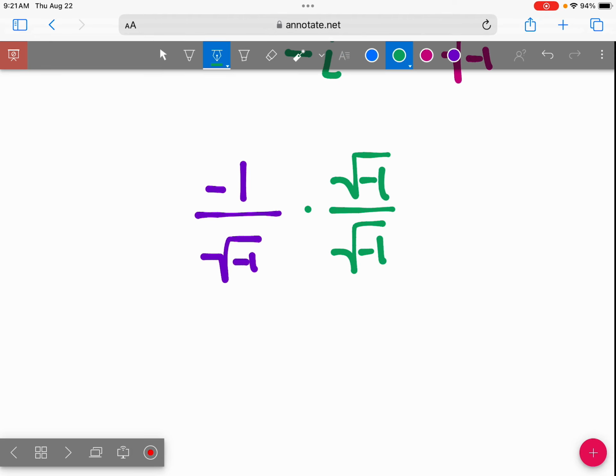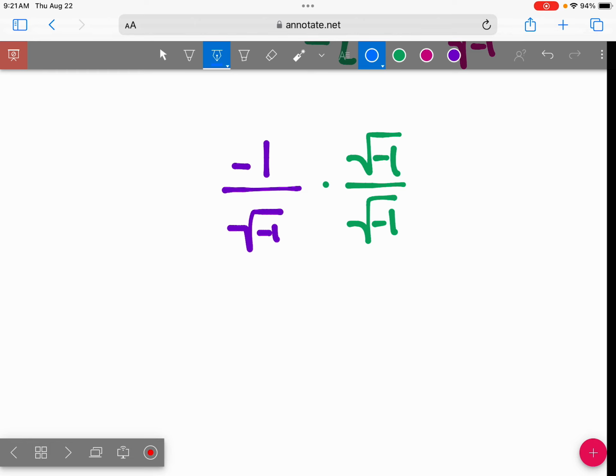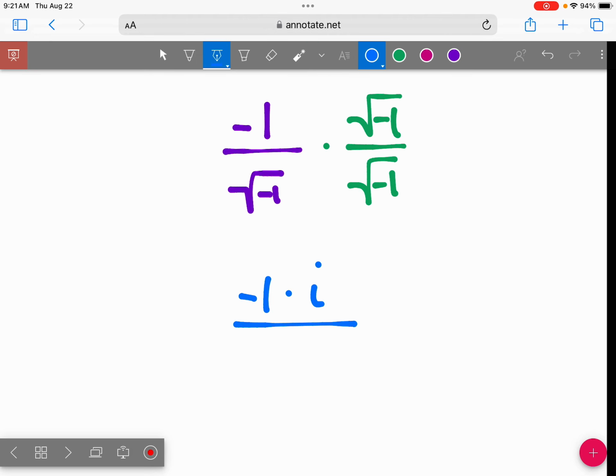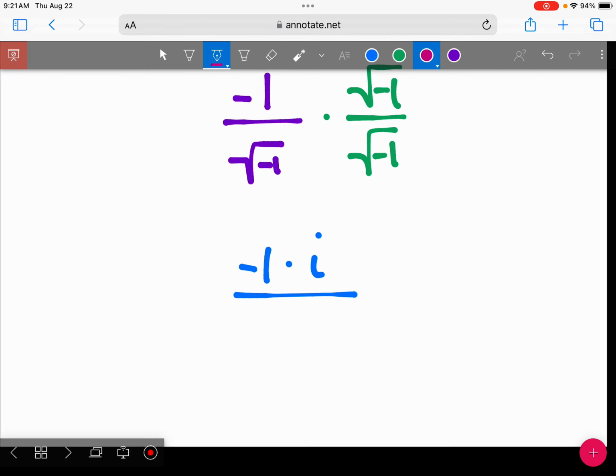Because when we simplify this, I have negative 1 times my square root of negative 1. That's i. We know that. My denominator is i times i, square root of negative 1 times square root of negative 1. What's my denominator going to be?